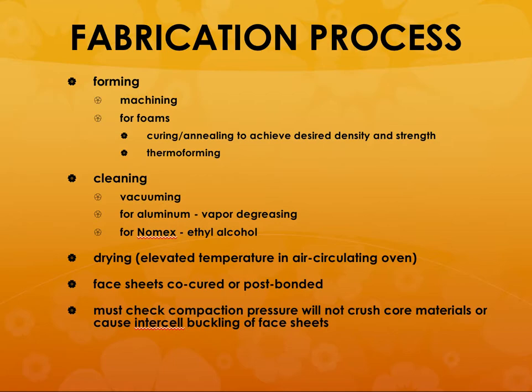Otherwise your composite material is going to have issues as far as the properties are concerned. So you have to do vapor degreasing, and you have to degas the material so that there is no gas produced during the processing of the composite material itself.